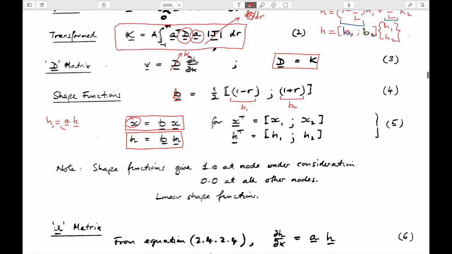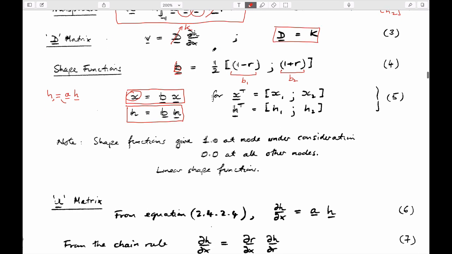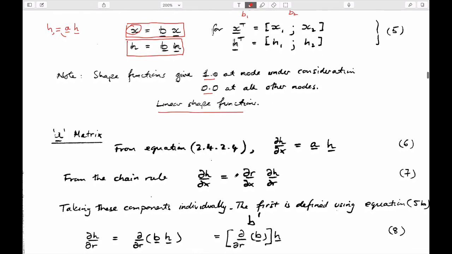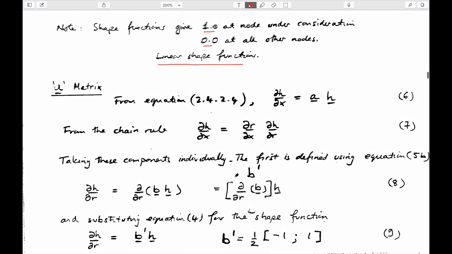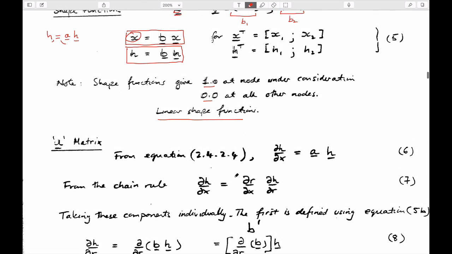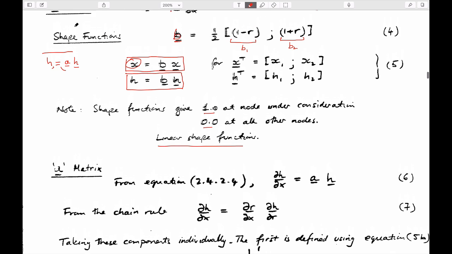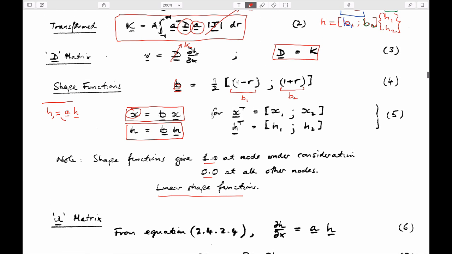So let's do that. That's kind of the bottom. So I've spent a bit of time making this point that they have to be 1 at the node in question and 0 at all other nodes. In our case, they happen to be linear because we only have two nodes. And so we can figure out what each of these terms are. The A matrix first. So there's two things we're going to have to figure out.